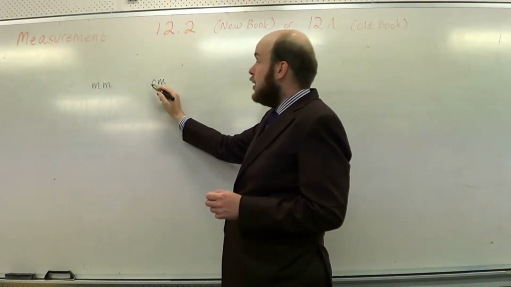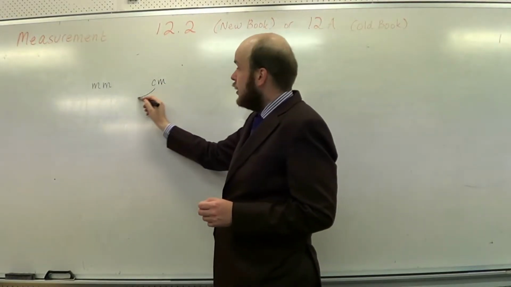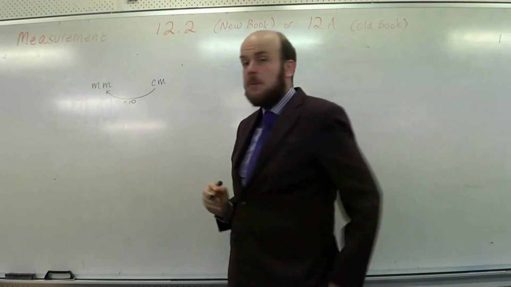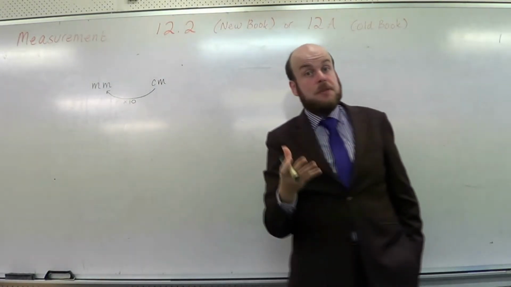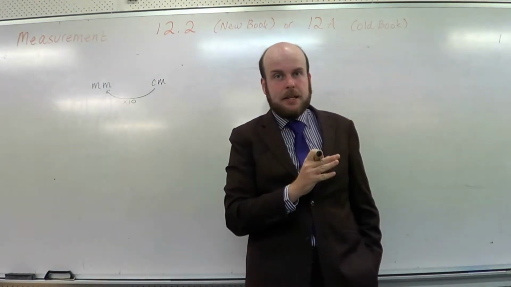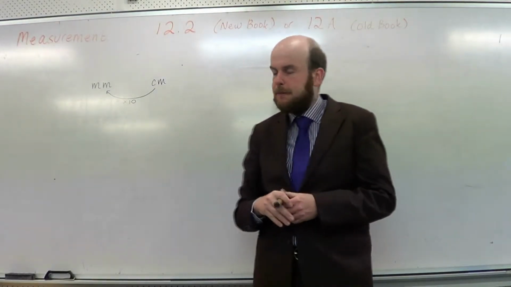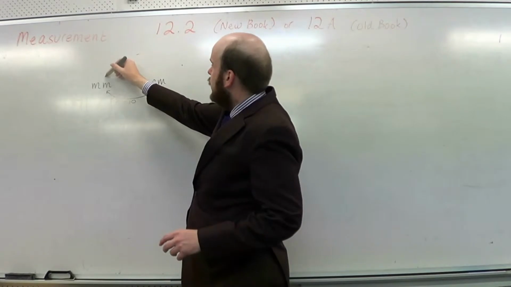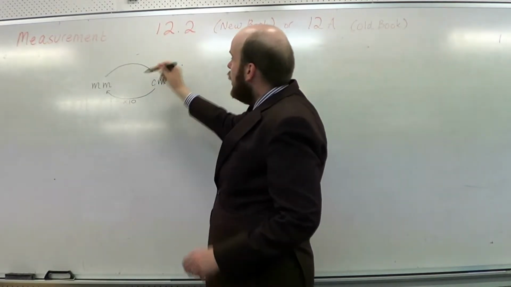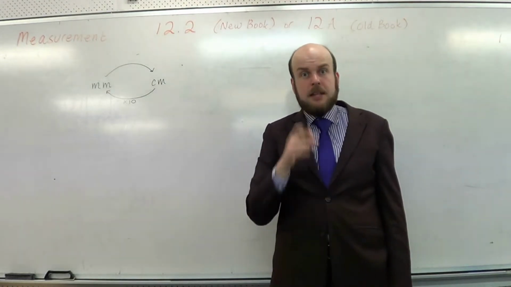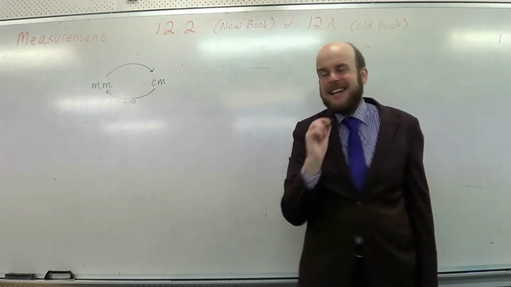So for every 1 centimeter, there's 10 millimeters, so we multiply by 10. For instance, if I had 2 centimeters, times that by 10, I'd have 20 millimeters. If I want to go from millimeters to centimeters, do you remember what we had to do? That's right, we had to divide by 10.